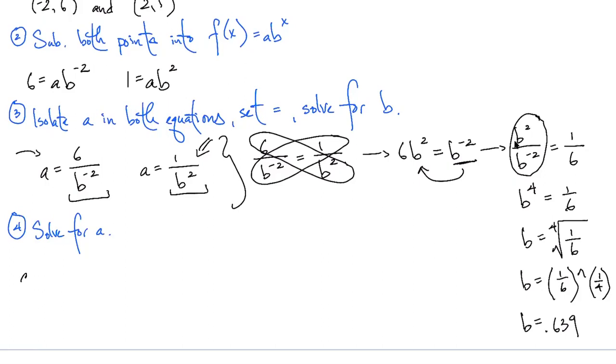I'm going to say a equals 1 over b squared, which is a equals 1 over 0.639 squared. Let's see what that gives us. 1 divided by 0.639 squared is 2.449.